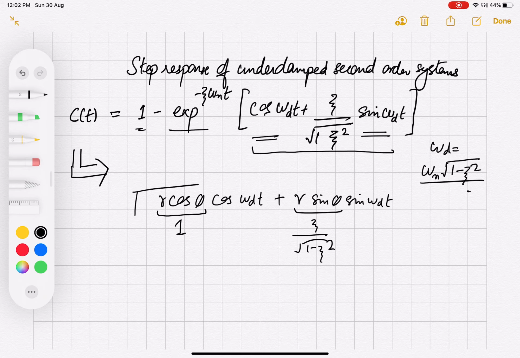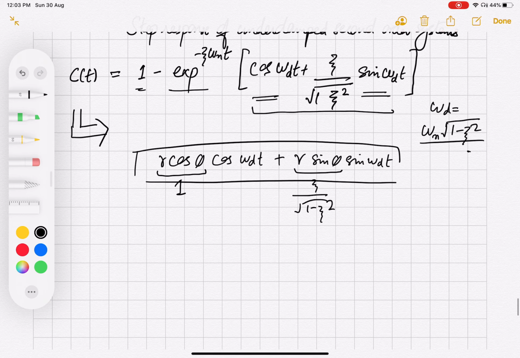So this is cos a cos b plus sin a sin b, and you can write this as r cos of omega d t minus phi.